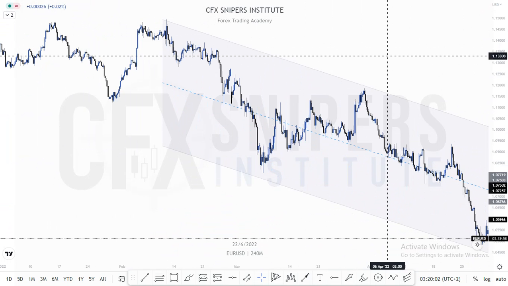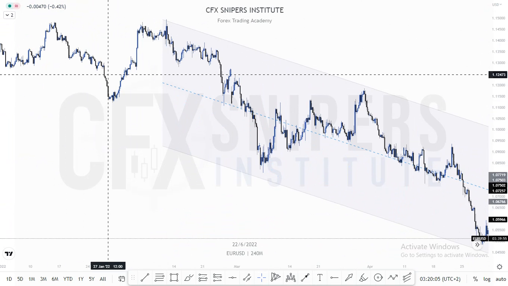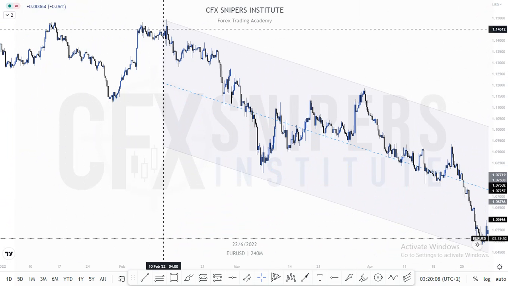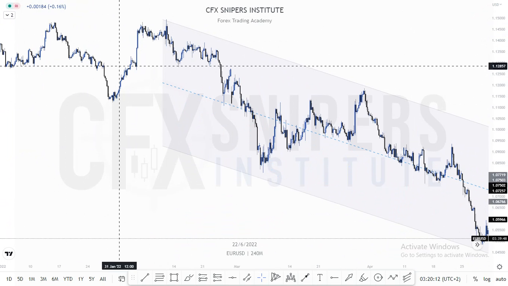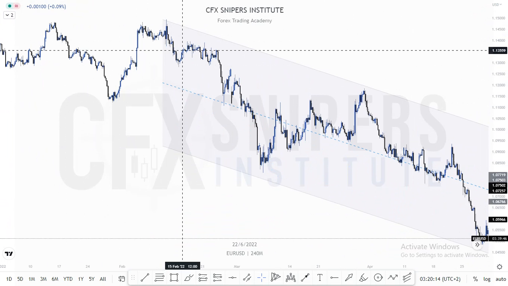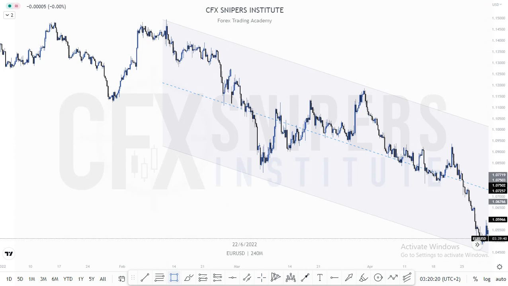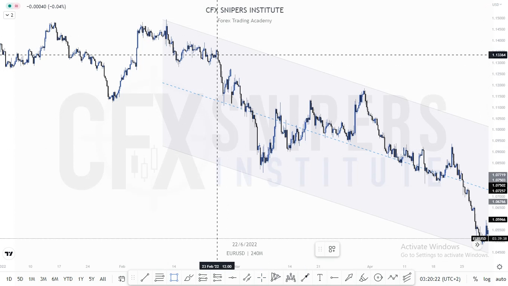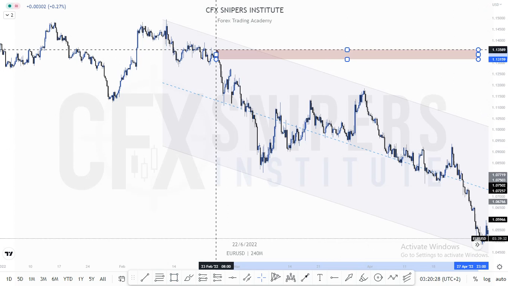So market created this zone here, went down, didn't break, it reacted, went back. We created that zone, broke. That means we have a supply zone here, still not mitigated. Might leave it for future purposes when the market goes back up.